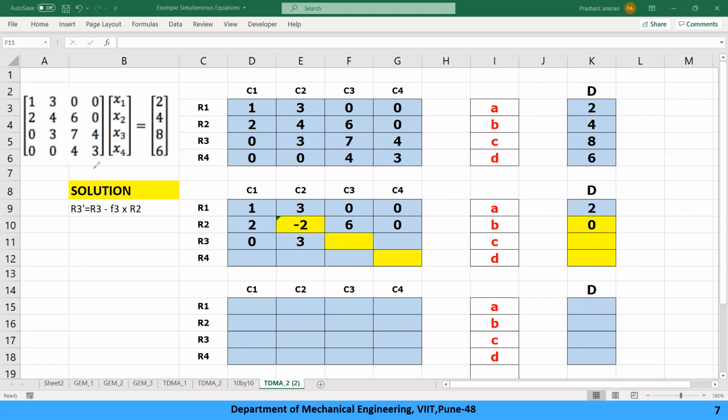So we are going to use only updated values.